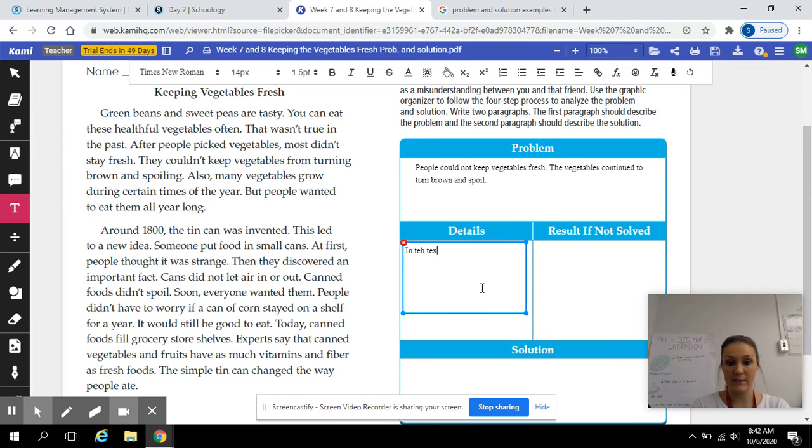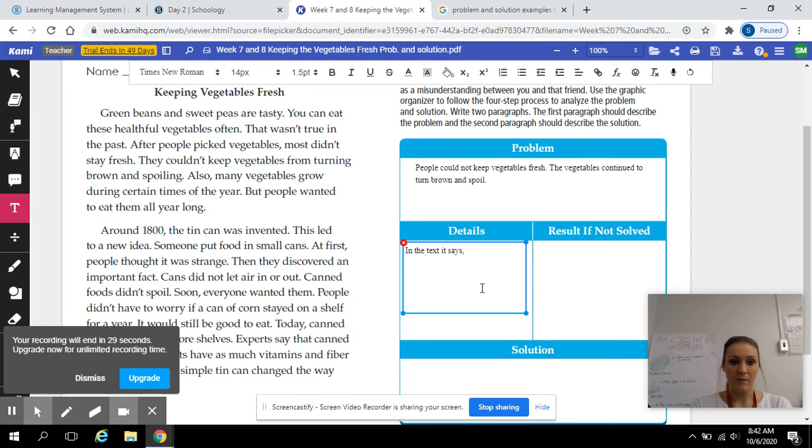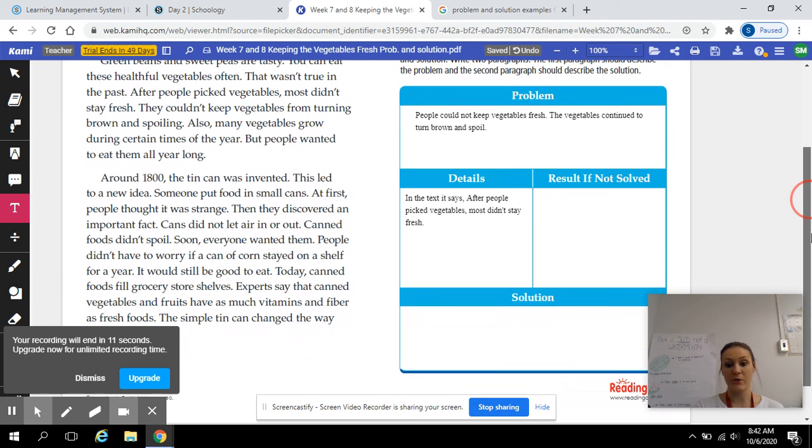So I'm going to say in the text, it says, after people picked vegetables, most didn't stay fresh. Good. I have one example. Now, what you need to do is write down the solution and one detail of the solution. Okay, it's easy. Look right in the second paragraph for the solution.